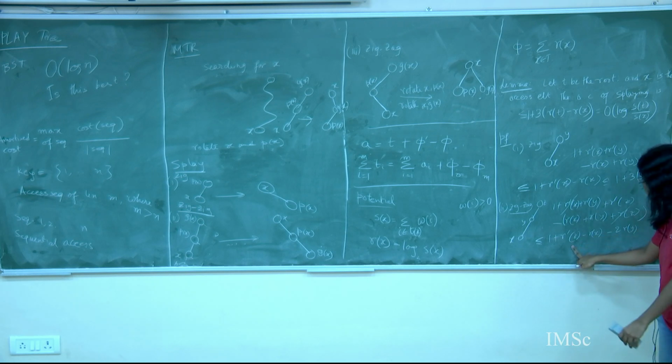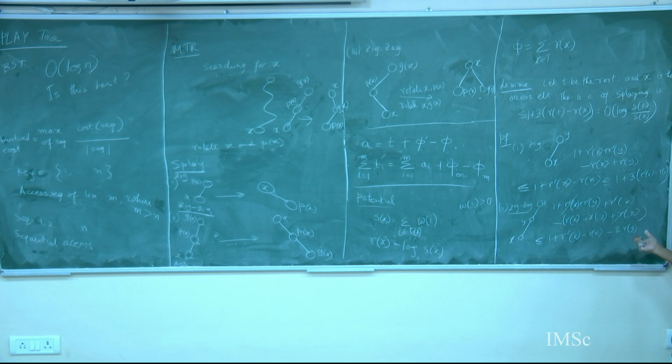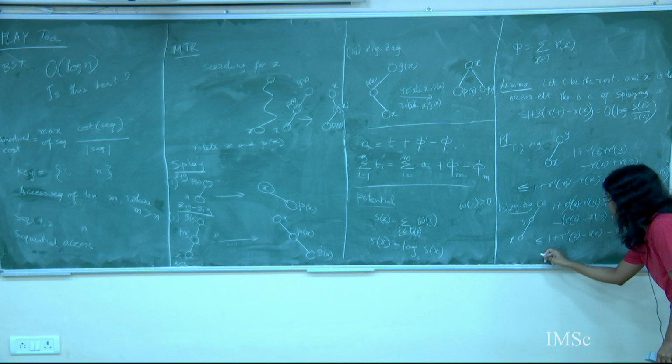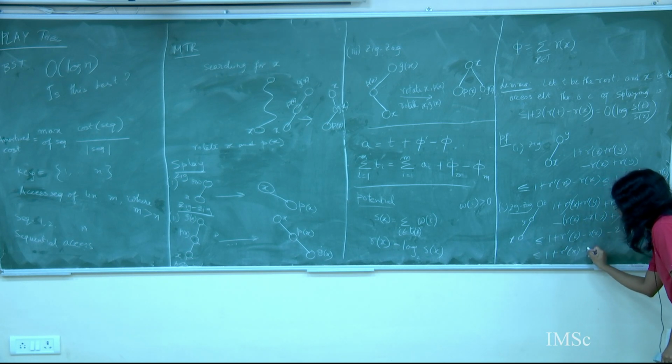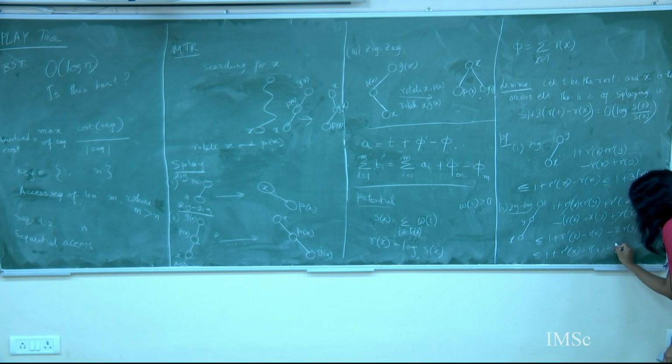R prime of z is less than r prime of x, so I can change it to be r prime of x minus r of x minus 2 r of y.